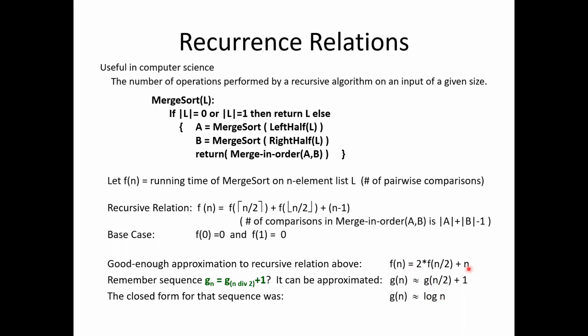What about this? Well, actually, this recursive relation, this is a good approximation to it. It's not an exact thing because it behaves funny when n is not exactly a power of 2, but this is all noise. The essential behavior is like this.